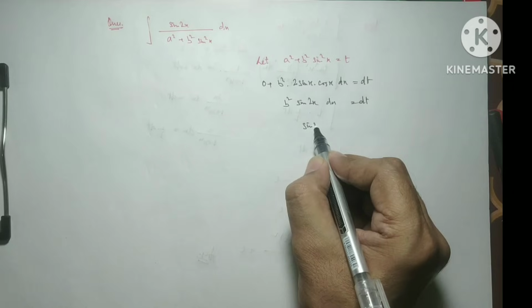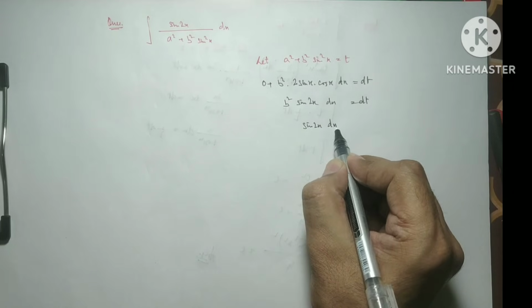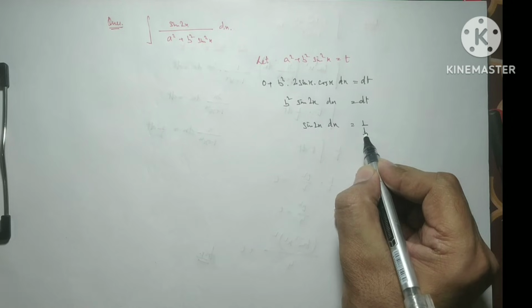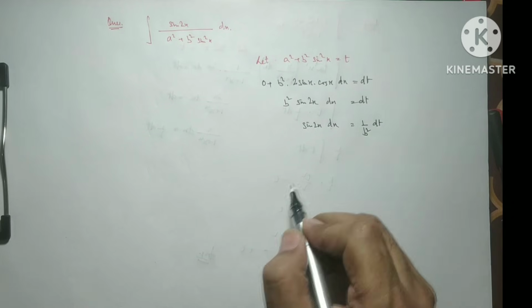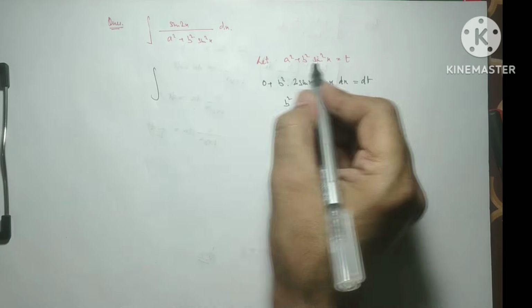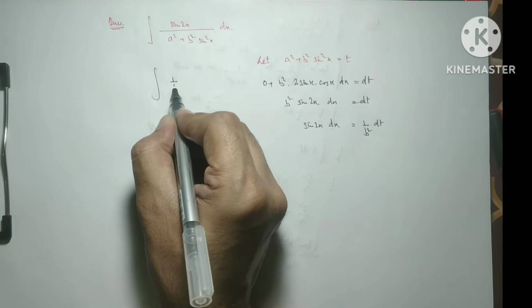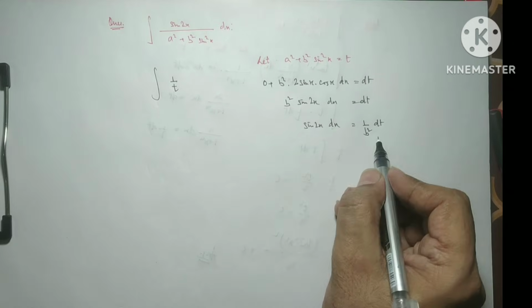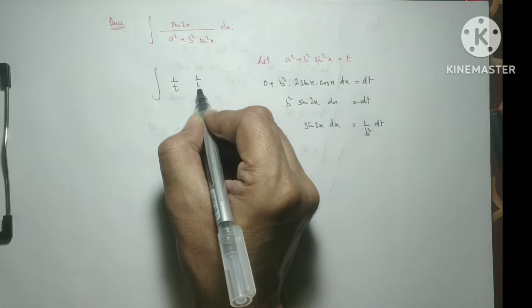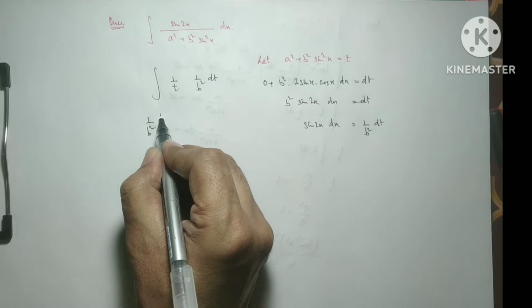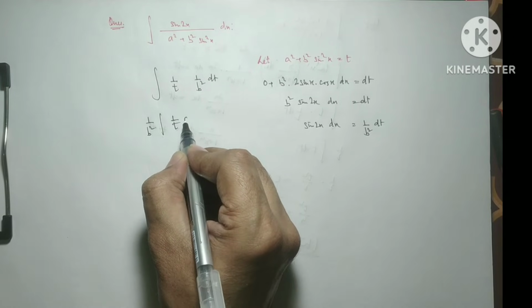So we can collect the value of sin 2x dx, and we put this value here. So the denominator is t, this becomes 1 over t, and sin 2x dx is 1 over b square dt. So we have 1 over b square, and there is 1 over t dt.